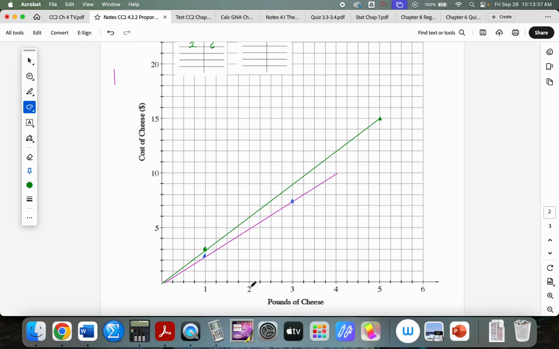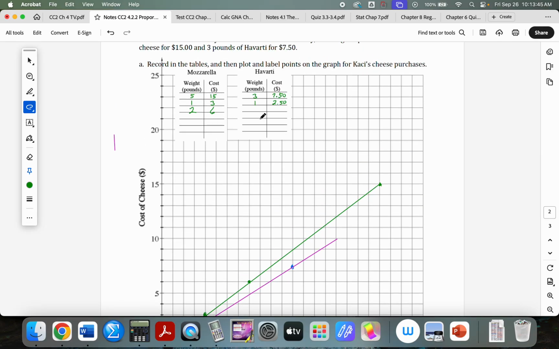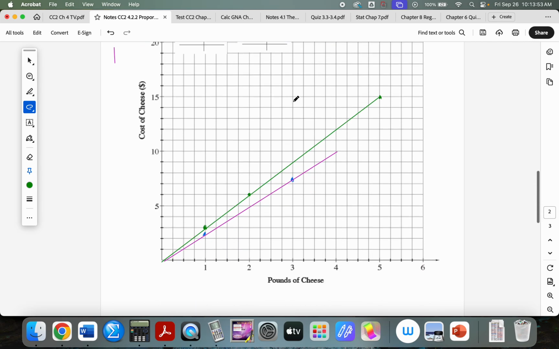So 2 pounds, $6. Hey, that's right there on that line, isn't it? And here, 2 pounds is going to cost you $5. Right there.